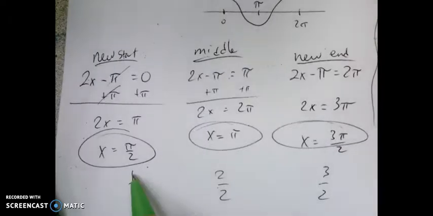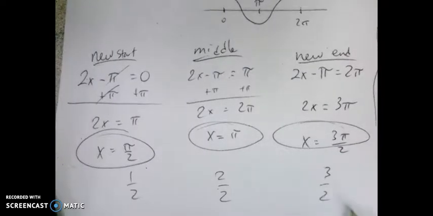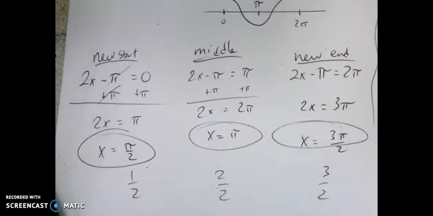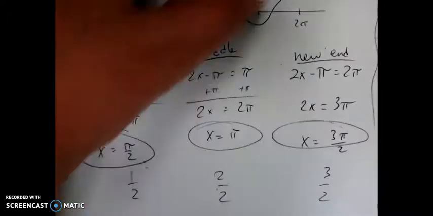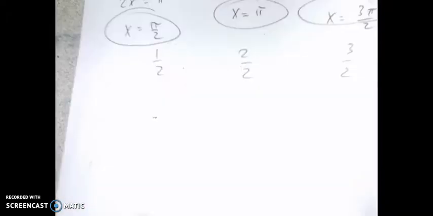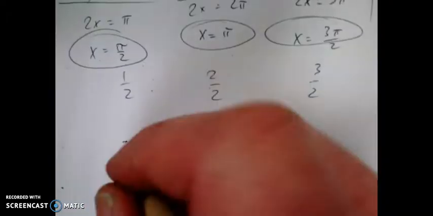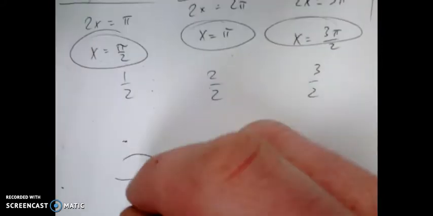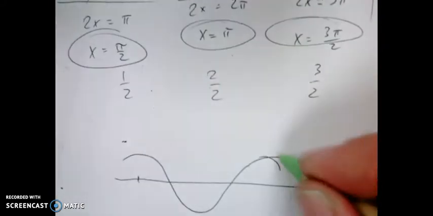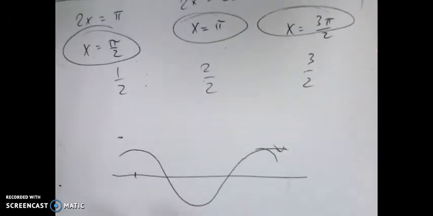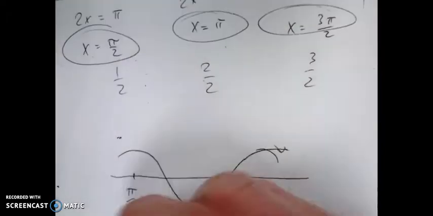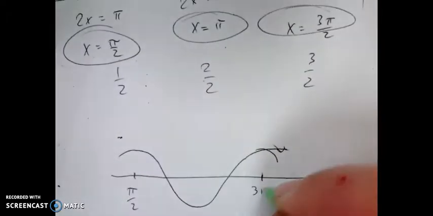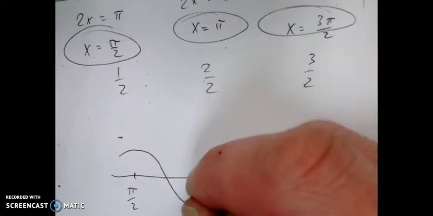We had 1/2 and 3/2, the middle would be 2/2, or just pi. So what does that mean for us? What it means is our curve still looks the same. There's the general cosine curve, curving down right here. Anyways, instead of 0, it now starts at pi over 2, and it finishes by 3 pi over 2, and the middle is just pi.